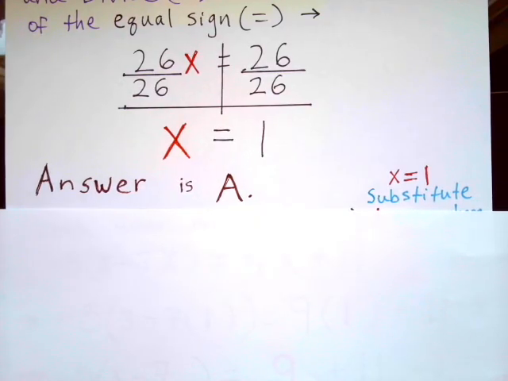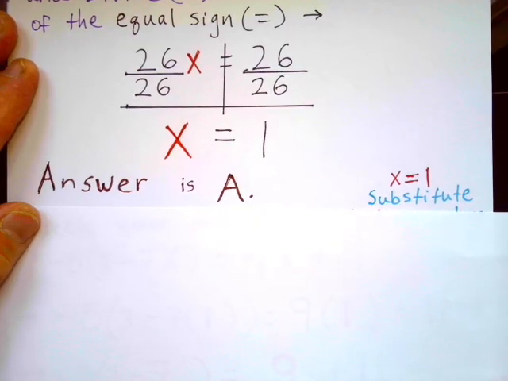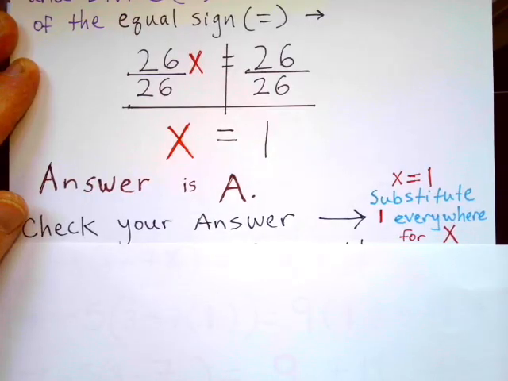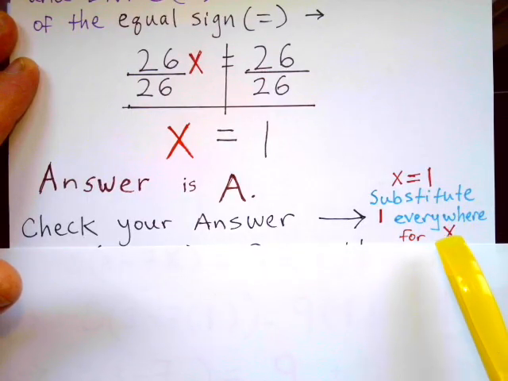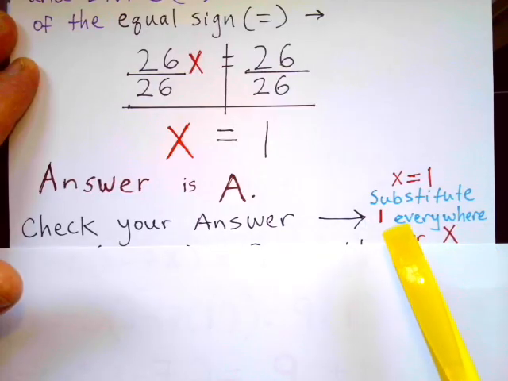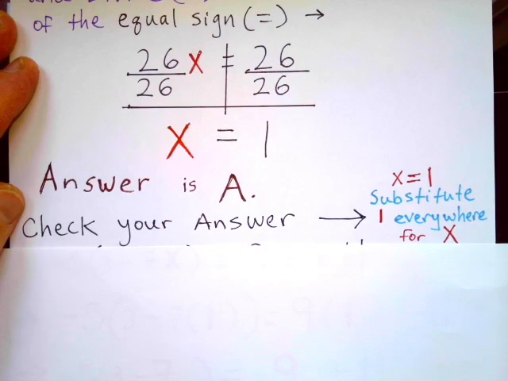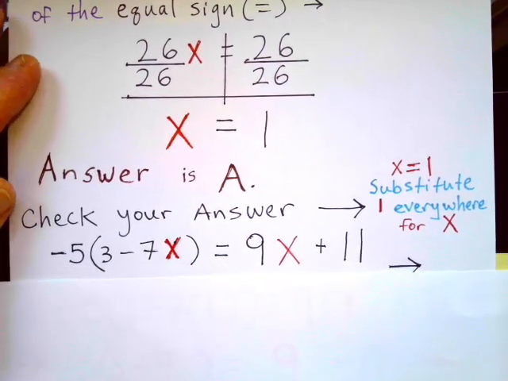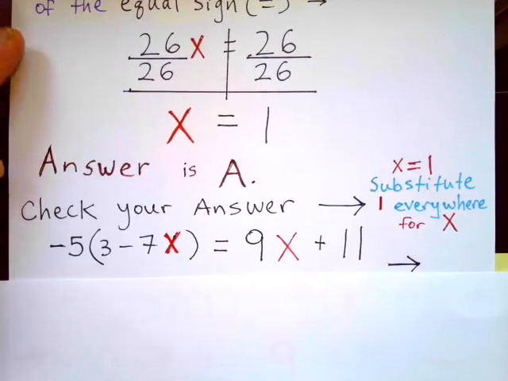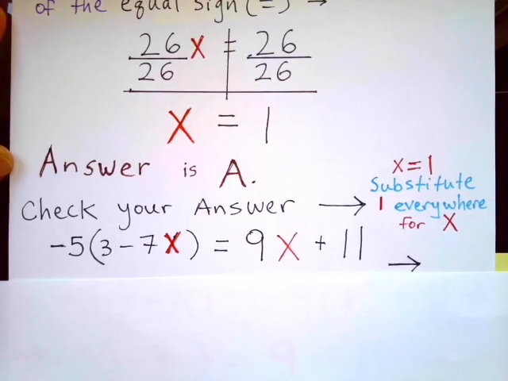Now, let's check your answer. How do you check that answer? If x equals 1, then everywhere there's an x, I can substitute 1. And by following order of operations, if the one side equals the other side, then I know I have the correct answer, x equals 1.